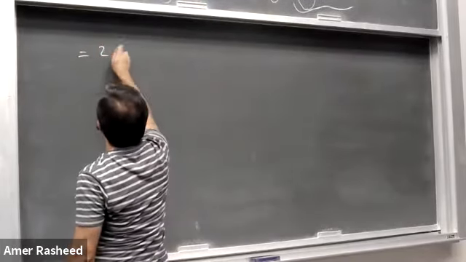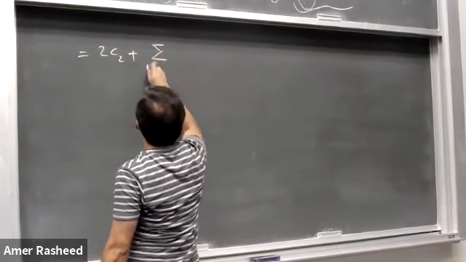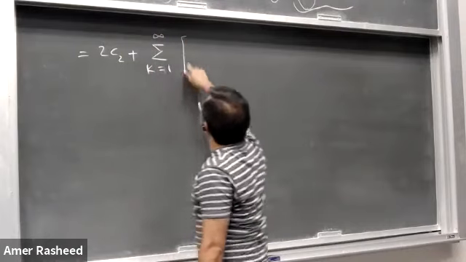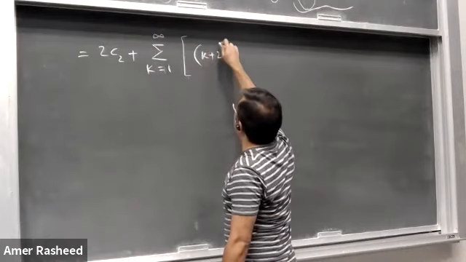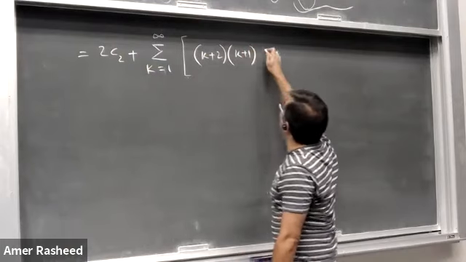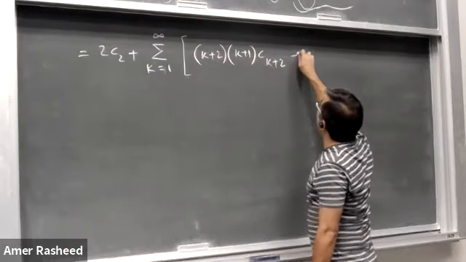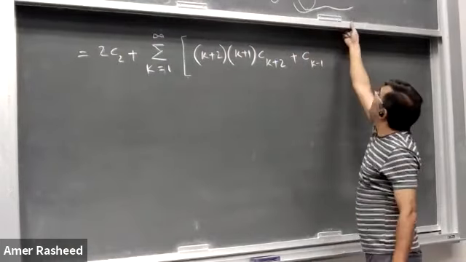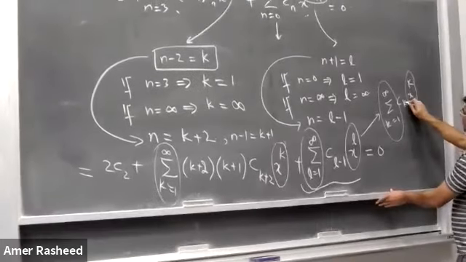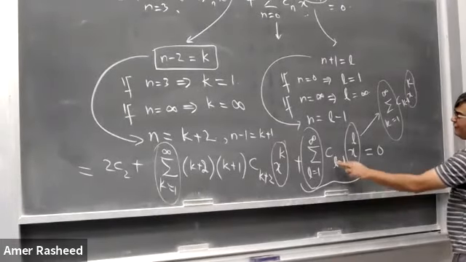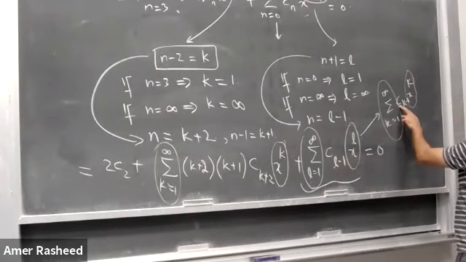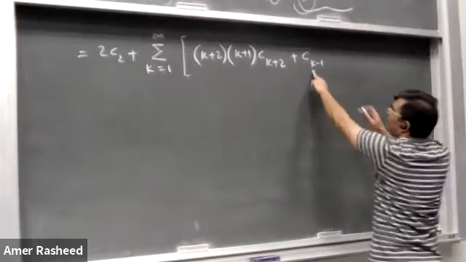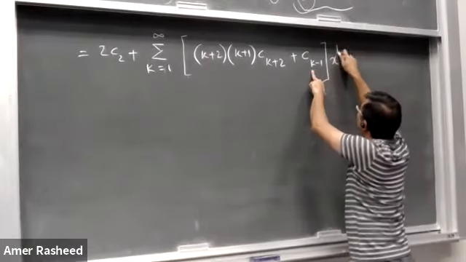It becomes 2c2 plus summation k from 1 to infinity, taking common, you have (k plus 2)(k plus 1) ck plus 2, plus c k minus 1. Because you have C L minus 1, here you should have C k minus 1, and then x power k.